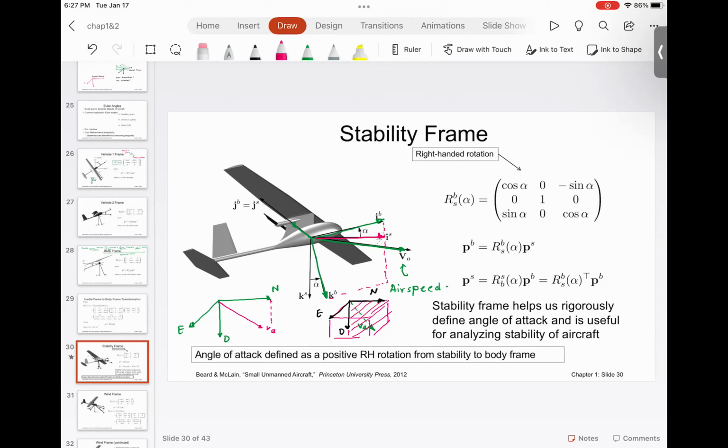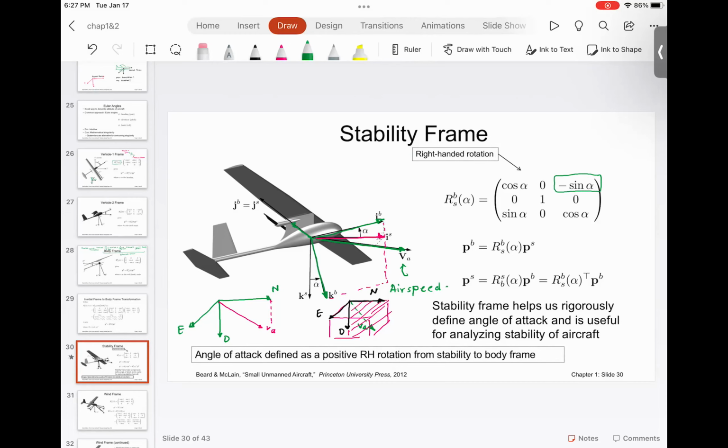So that's why you have this negative sign. Please understand, this is the convention in the aircraft nomenclature, that angle of attack is considered in the left-hand coordinate frame. That's why you have this negative sign.